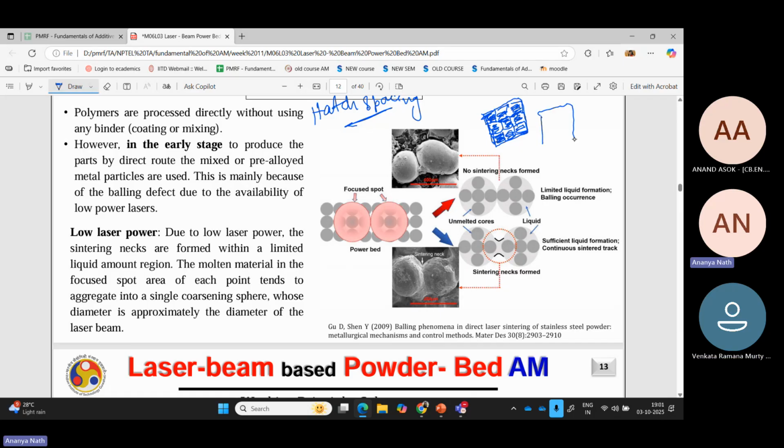Another option is to scan this whole area with the laser scanning like this. Then for this strip, it's scanning like this. Then for this, it's first going in this direction, then this direction, then this direction, then this direction. So basically it's moving like this and scanning.